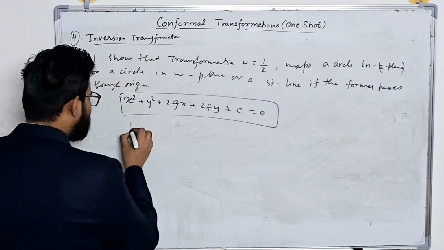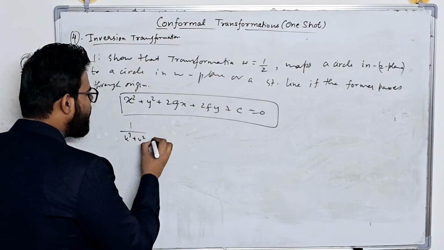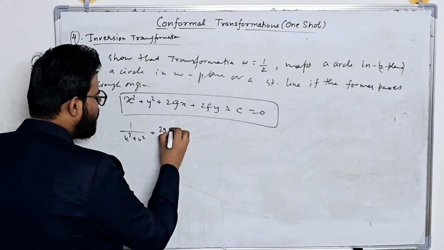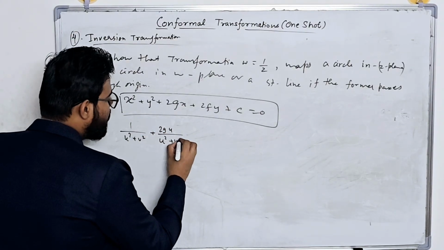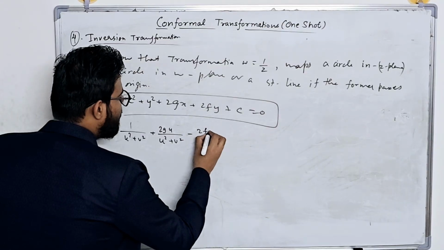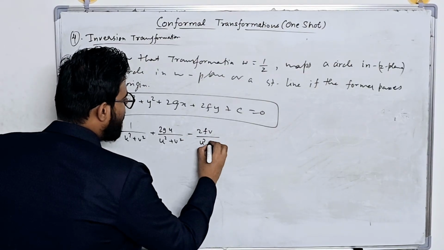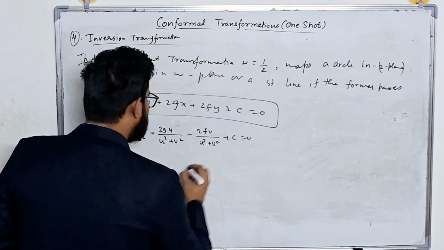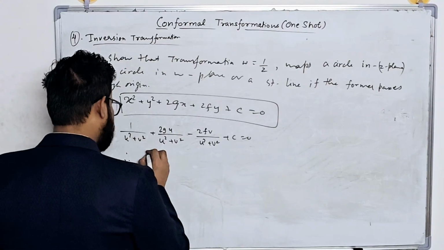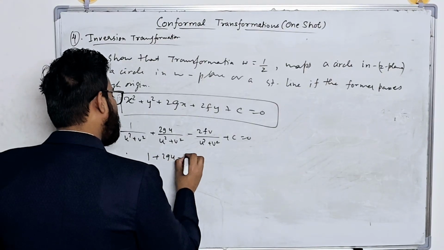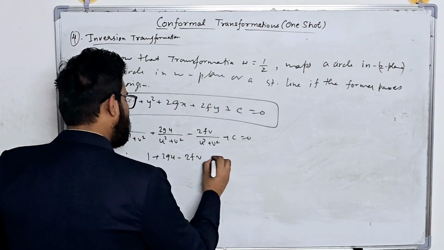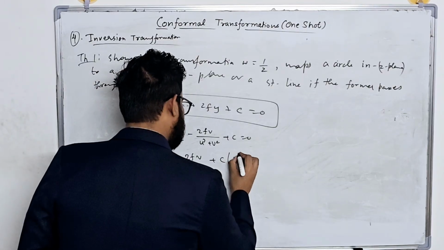We remember it. So it is 1 upon u square plus v square plus 2gu by u square plus v square minus 2fv by u square plus v square plus c is equal to 0. Hence we have 1 plus 2gu minus 2fv plus c times the quantity u square plus v square equal to 0.